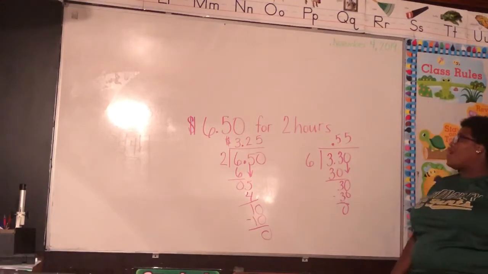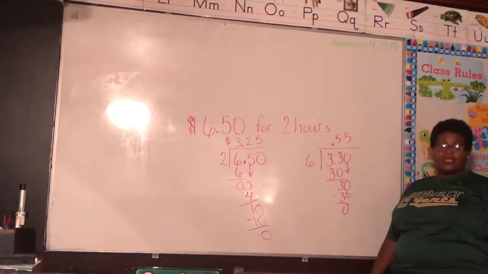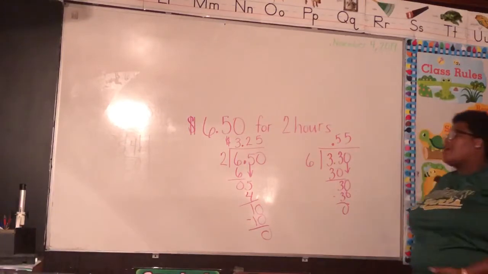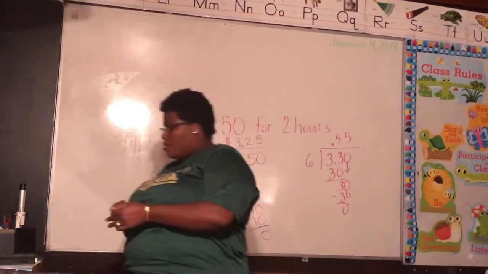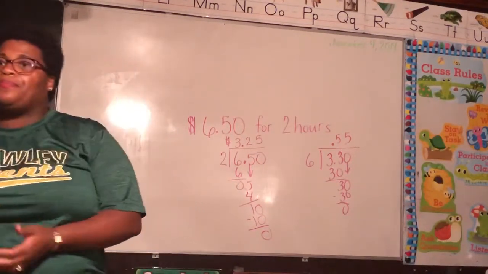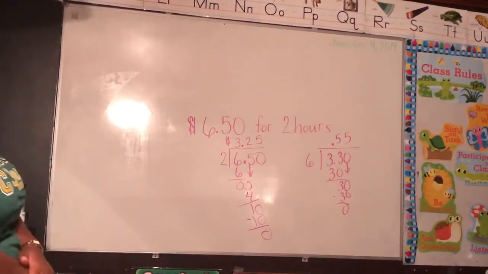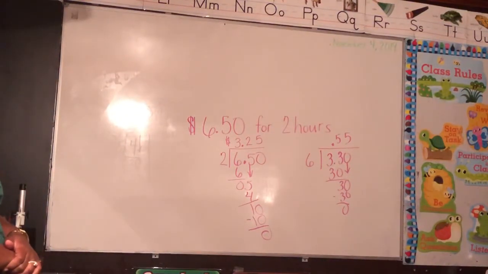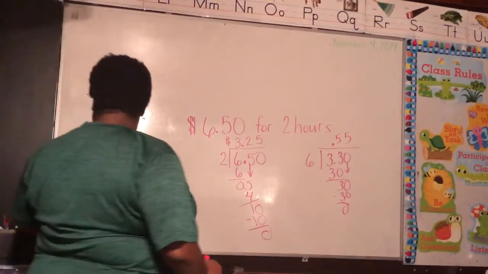He paid 55 cents for each of those 6 candy bars. I'll leave that up there for you to look at and to get it down all the way. Moving on.